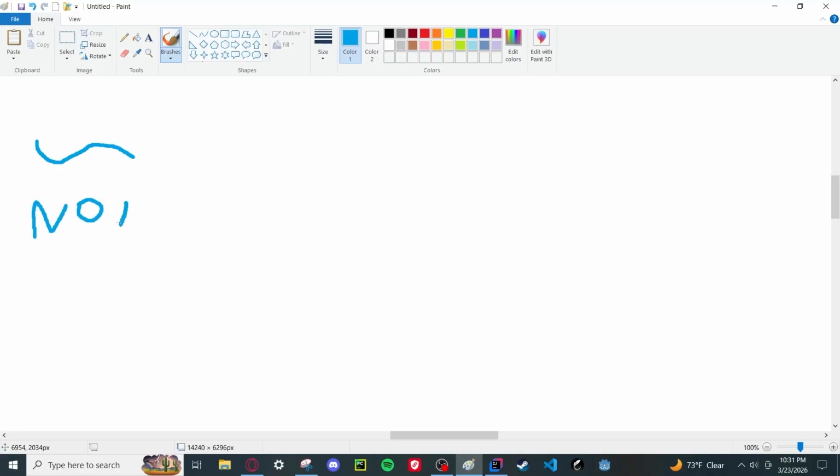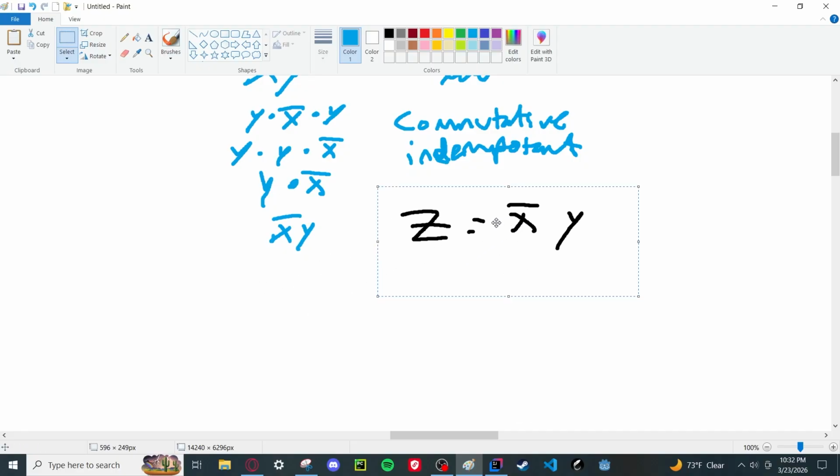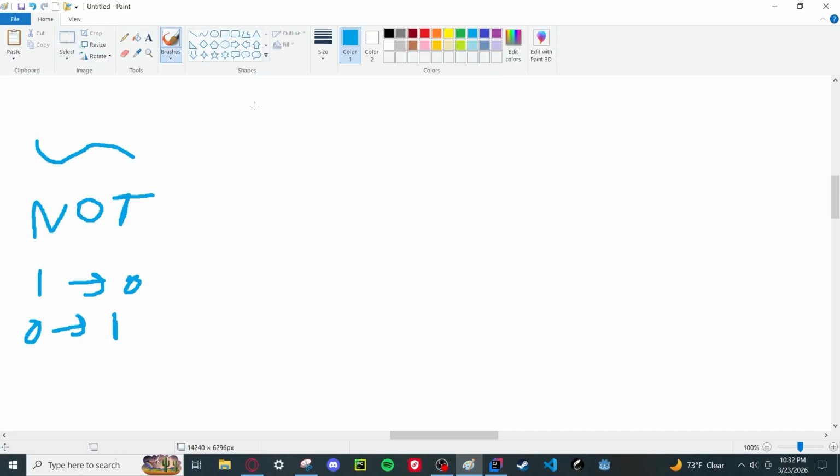So if you remember from our not table, 1 to 0, 0 to 1. Let's look at this as an example. First thing you have to remember is that when you're using a bitwise operator, whatever data type or number you're putting in is automatically looked at as an integer.